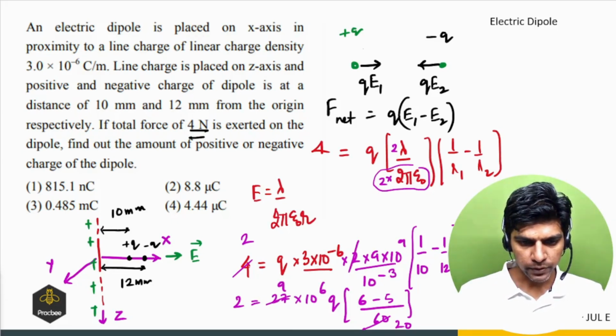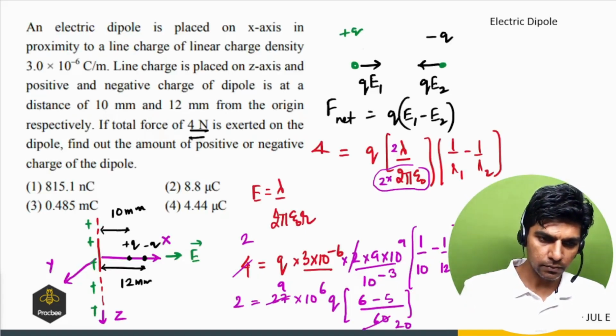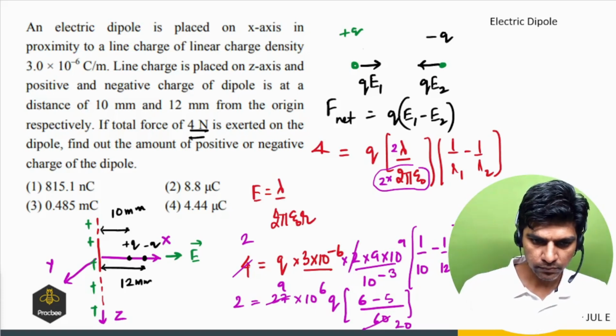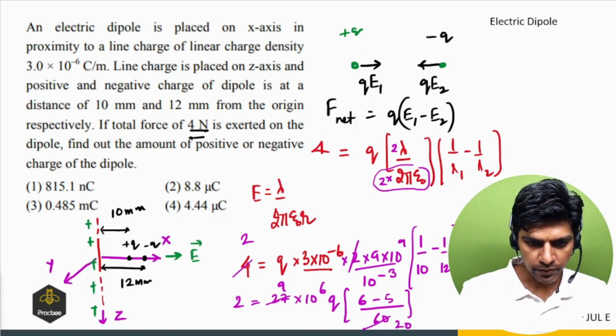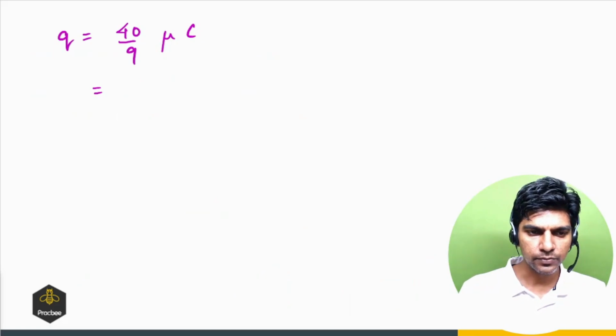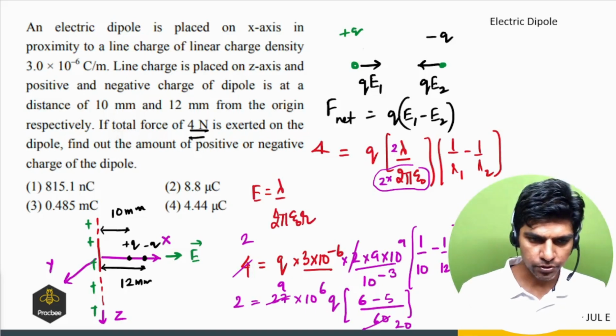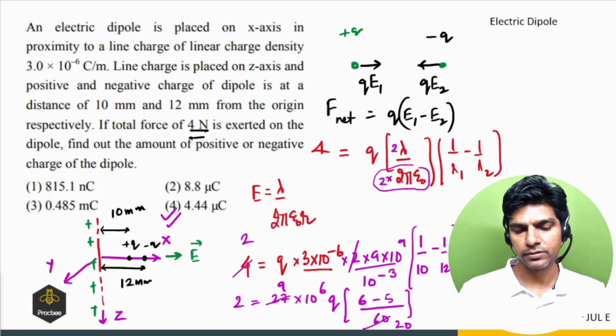So Q comes out to be 40 by 9 in microcoulomb. So that comes out to be 4.44 microcoulomb. So if you look at the options, option 4 is the right answer.